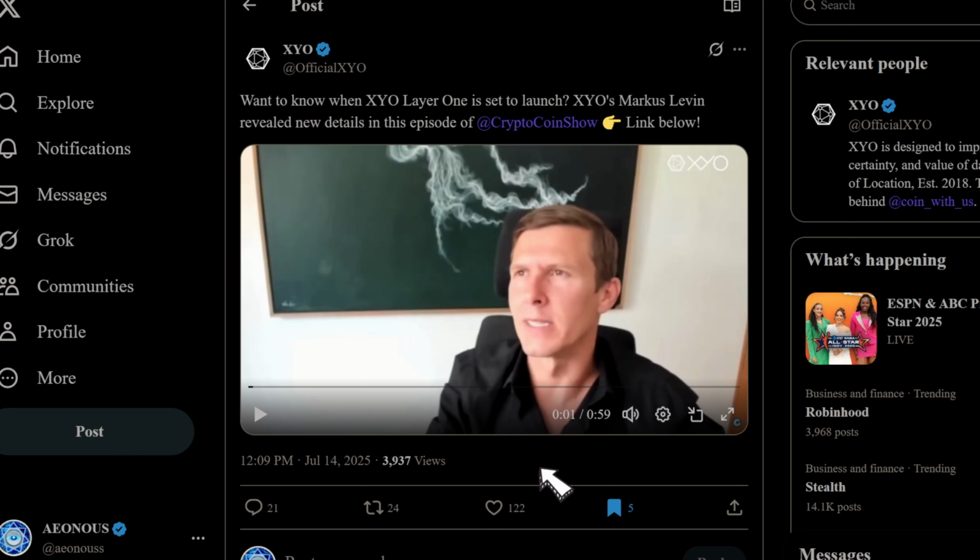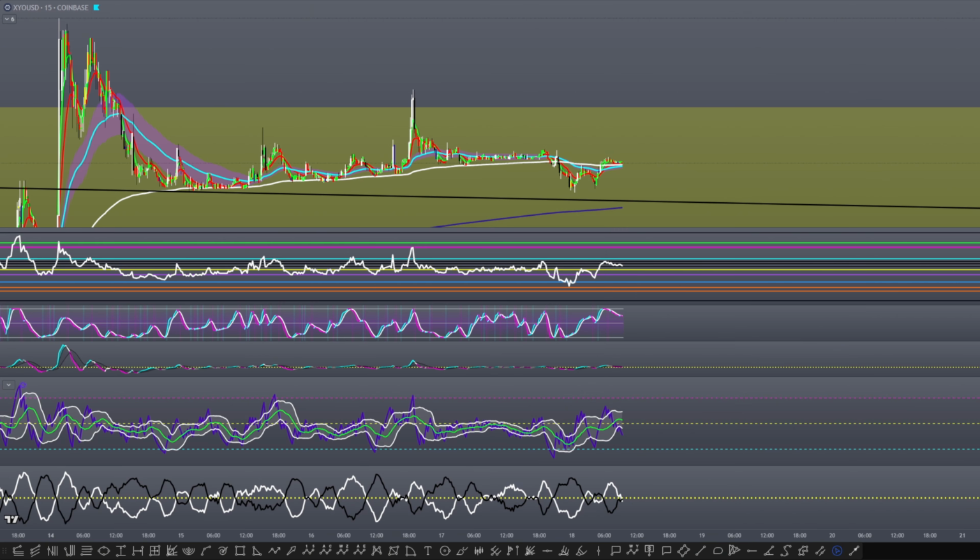Best case scenario, hopefully that happens, just to continue to see the further development and evolution of XYO into the Layer 1 and really start to see all of the use cases and solutions it provides as an evolving blockchain solution.